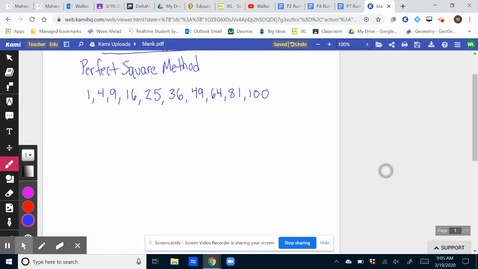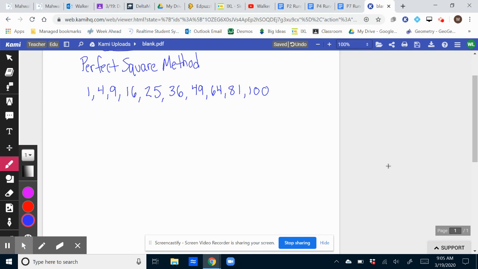So the perfect square method, if I'm given a radical, let's say 72, okay, my goal is to come up with a product of two radicals that will multiply to 72, and you want one of those two radicals to be a perfect square.